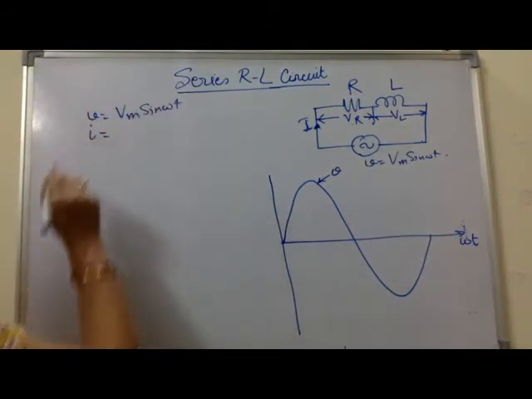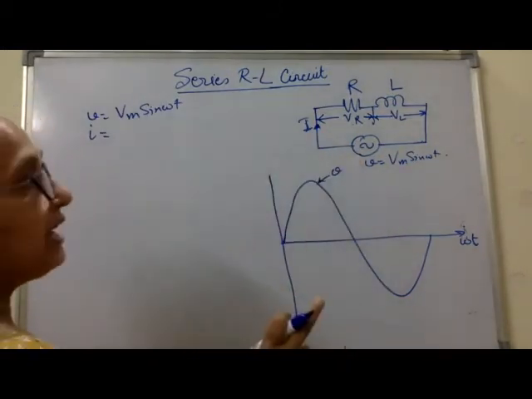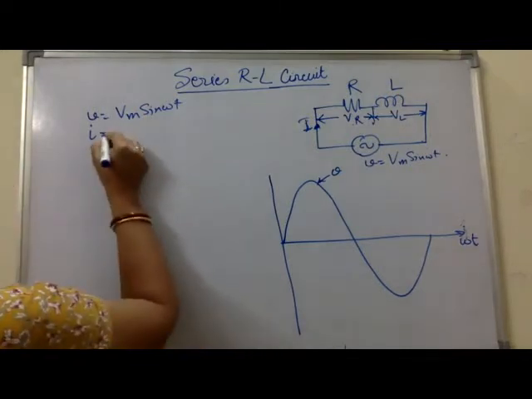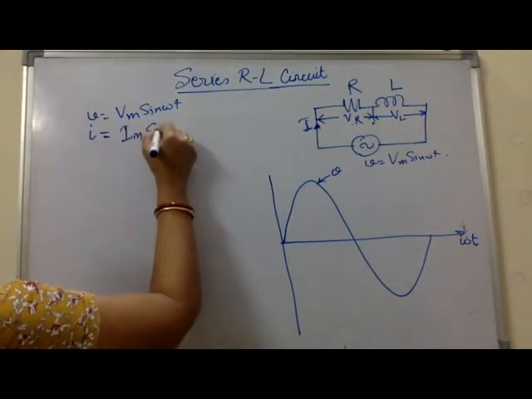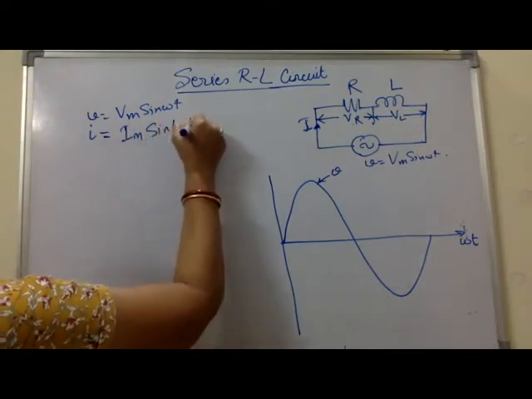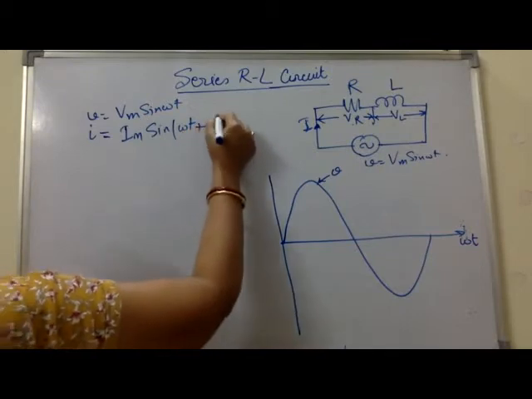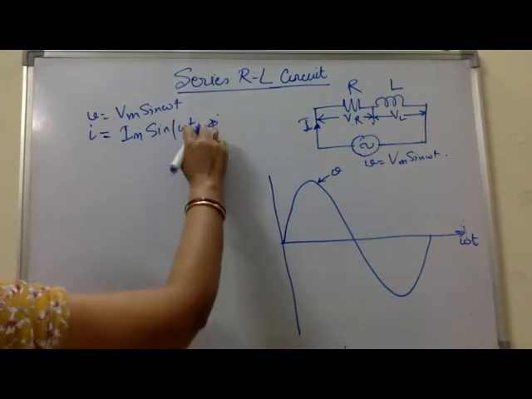Now the current was lagging the voltage by an angle phi, where we have calculated phi as tan inverse of omega L by R, or tan inverse of XL by R. So I will be given as Im sin omega t minus phi.